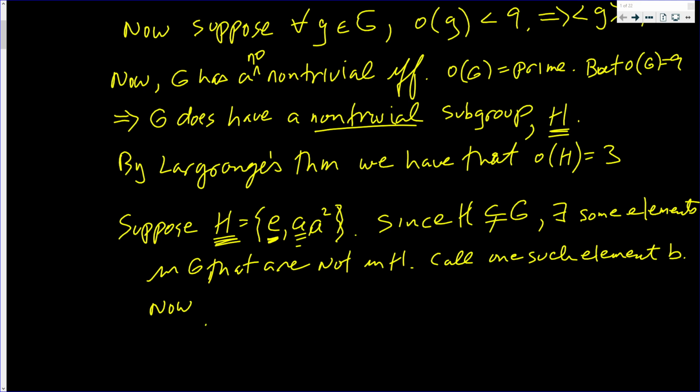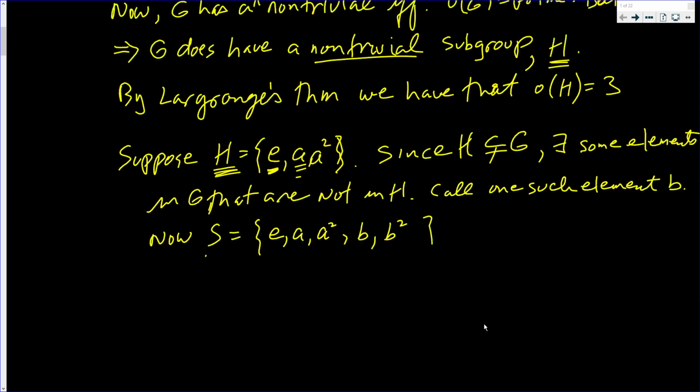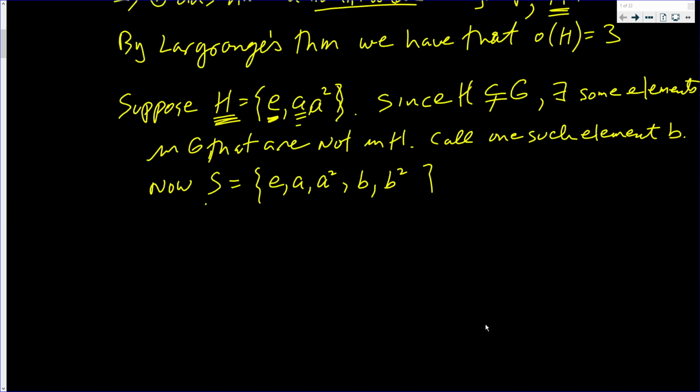Now, call it set S. S is equal to {E, A, A squared, B, B squared}. Now, I want to build up to G. B can't be E, and if B squared is E, since the order of B is 3, B must be E. Can A equal B?